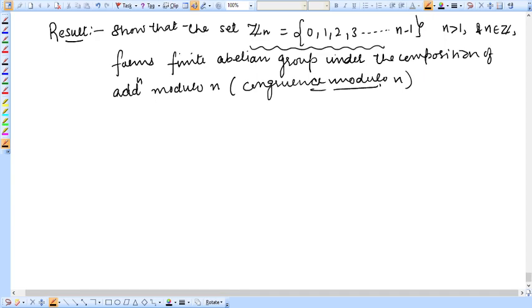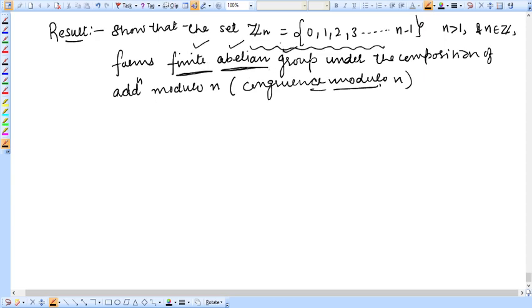So number of elements in this set are finite, so that's why we are proving that this is a finite abelian group. One more thing, abelian, because we are going to prove that this set also satisfies a commutative property. Therefore this will be forming a finite abelian group.